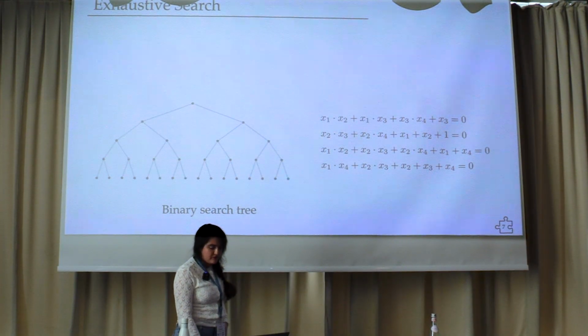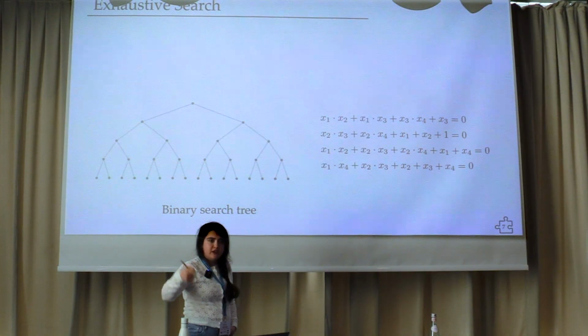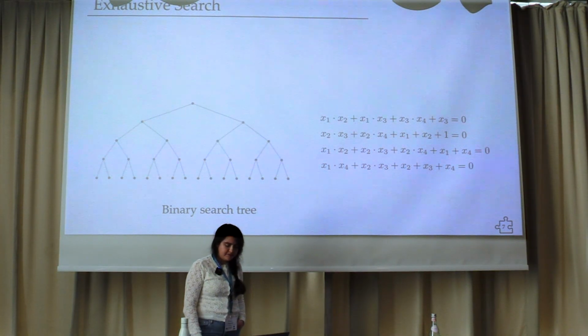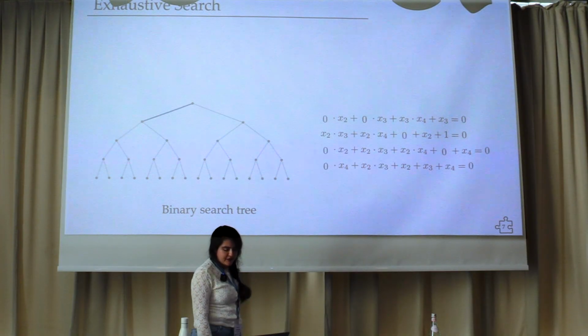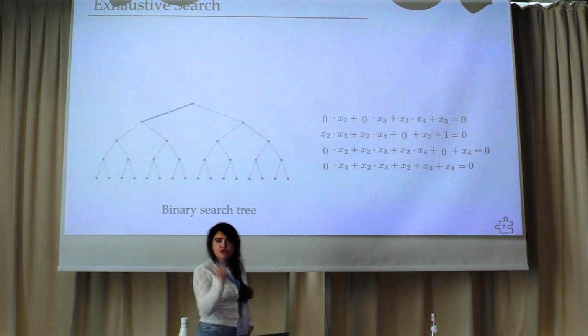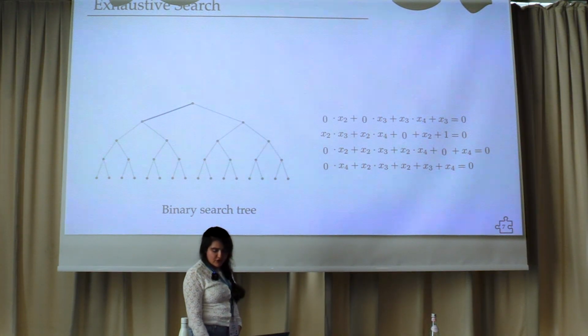So this is basically how it works. You're building the binary search tree, and you're doing a depth-first traversal of it. What I mean by this is that at the root, let's say this level corresponds to setting the first variable in this example, x1, to either 0 or 1, depending on where you branch. So here I set x1 to 0, and then I look at the equations.